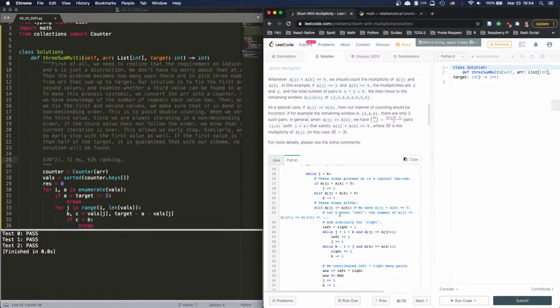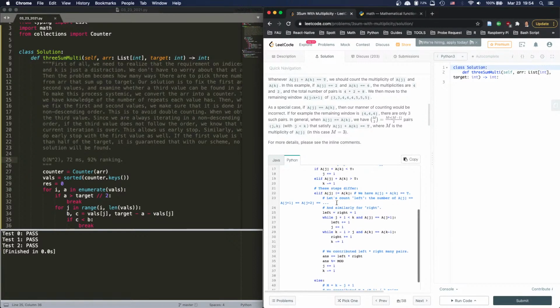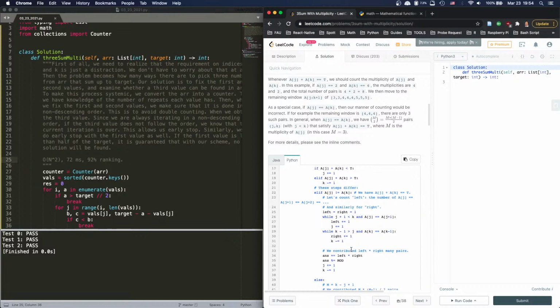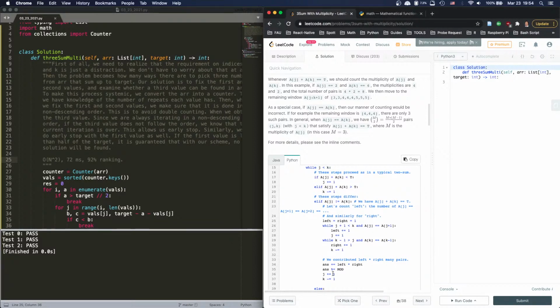And then if they're not equal, which means these two plus the sum equals t, but they're not equal, then let's count left, count right, and then we contribute this one, right, that's correct, and then j plus 1, k minus 1, that's correct.